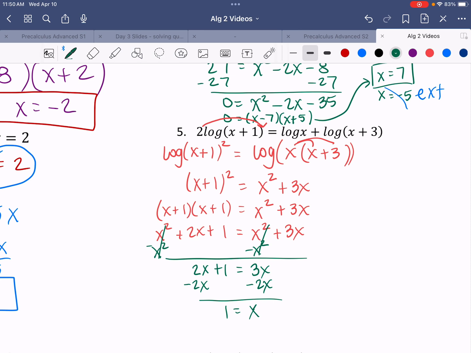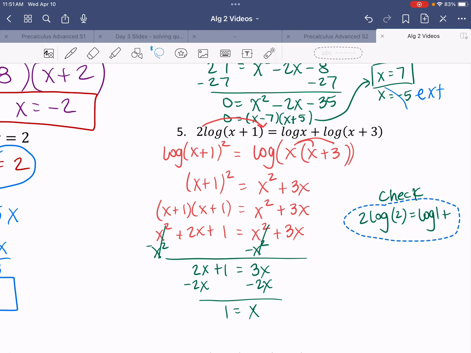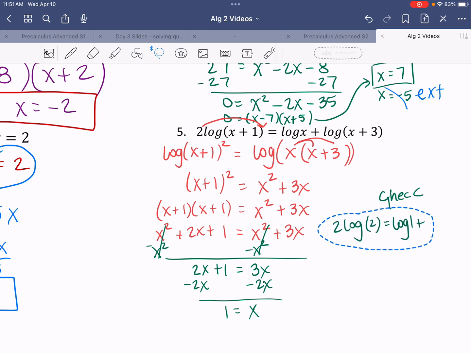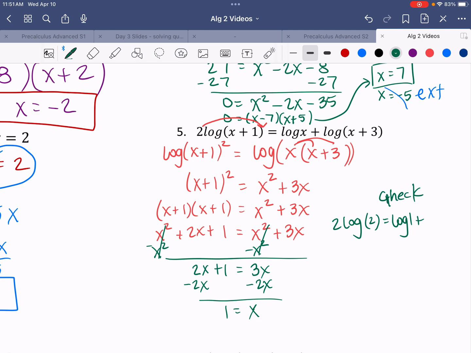Let's make sure that it's valid. So this side would have 2 times the log of 1 plus 1. If you wanted to do a check and actually write it out, we can do that. 2 times the log, 1 plus 1 is 2. And then the right side would have the log of 1 plus log of, up here, x plus 3, so log of 4.